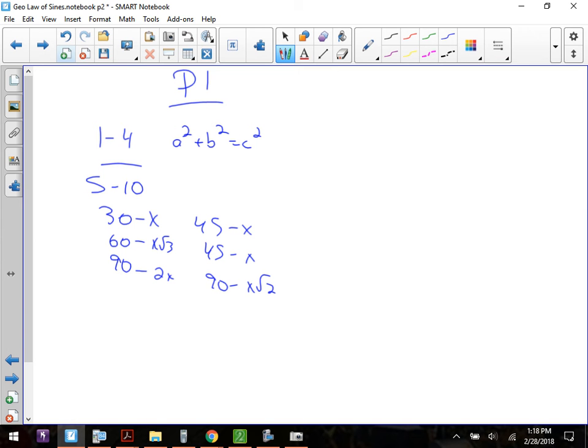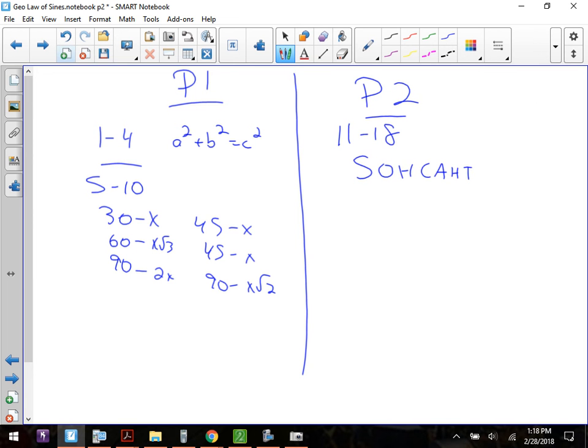When you get to the second page, the first 8 on the second page are all SOHCAHTOA.